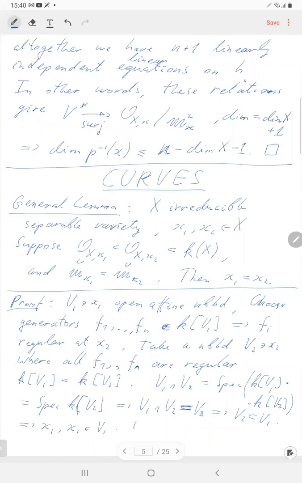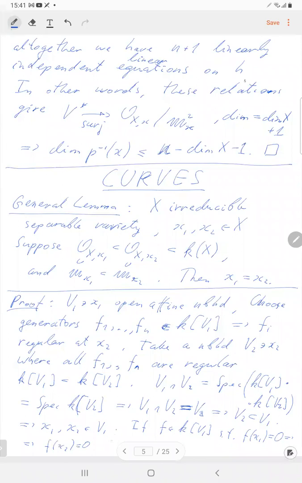So if we have a function regular on V1 such that f of x1 is 0, then f of x2 is also 0, right? Because of our stupid assumption that the maximal ideal of x1 is contained in the maximal ideal of x2.